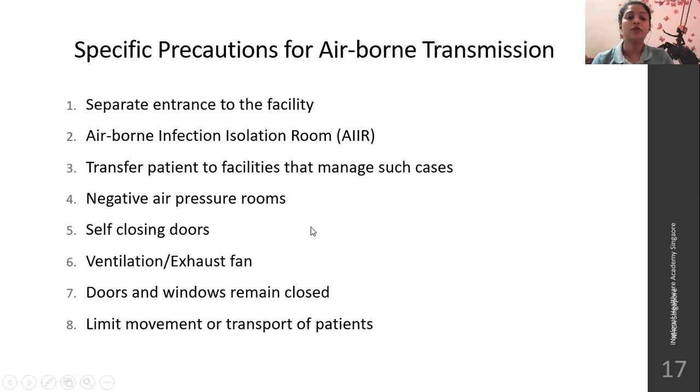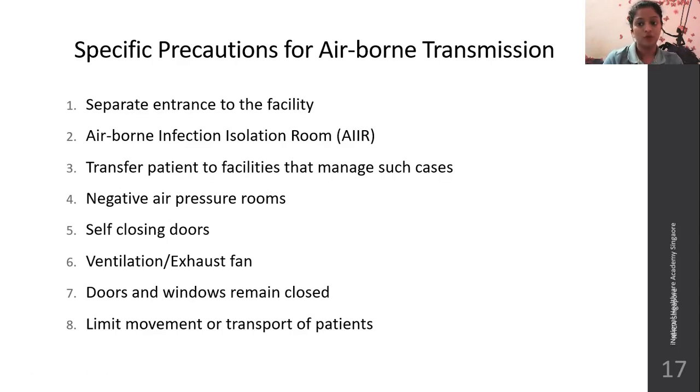For specific precautions of airborne transmission, a separate entrance to the facility should be given so that there is no intermixing between the airborne infectious patient and other patients. An airborne isolation room, if possible, can be built into the hospital. Transfer patients to facilities that especially manage airborne cases.